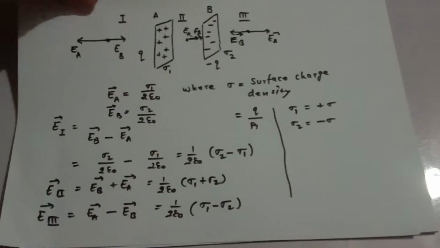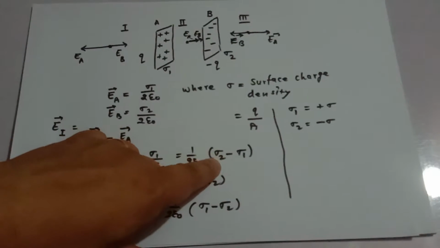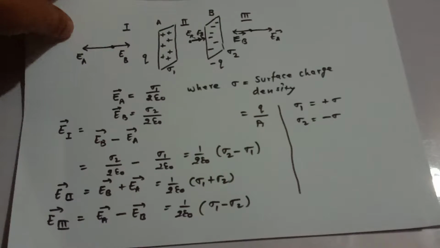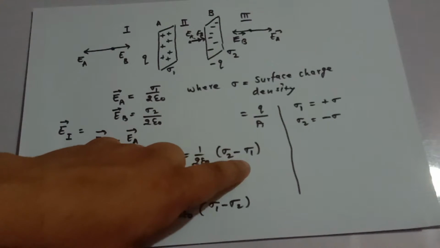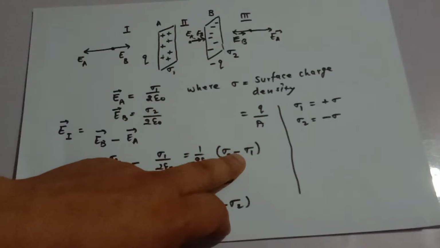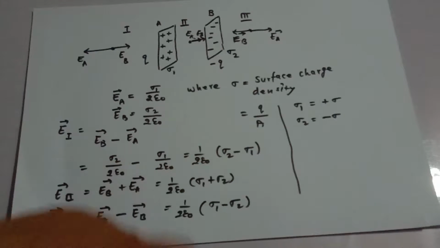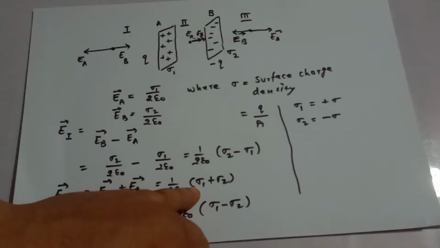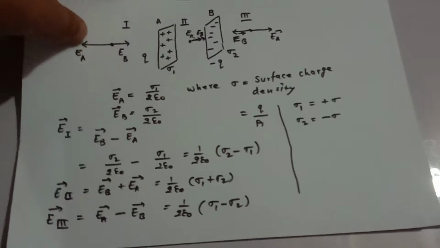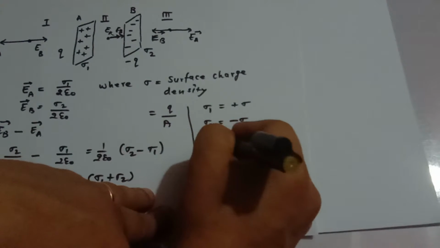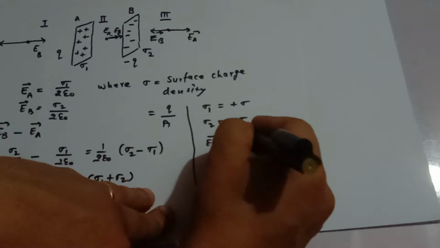In that case you can see that in the first and third regions the contributions cancel out, as they are subtracted, so the electric field in regions first and third would be 0.